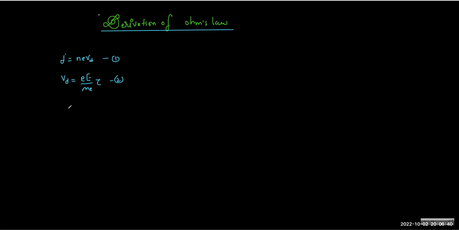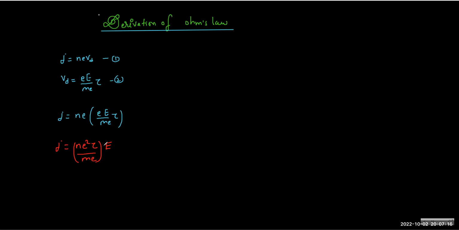Now what you can do next is replace it. Once you replace, J becomes ne times eE tau by me. And of course, I don't expect that anyone will remember this. So J turns out to be ne square tau by me, whole into E. Now n is a physical parameter, e is a universal constant, tau is a statistical parameter, and me is the mass of electron.